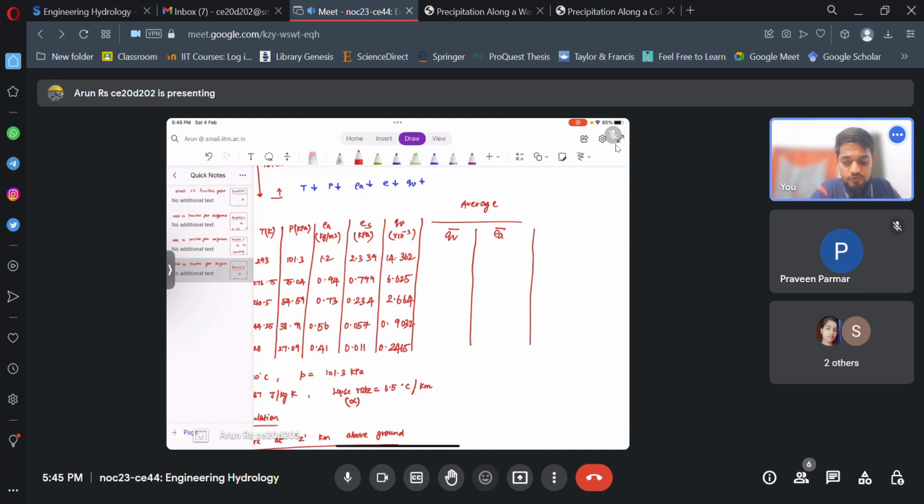So your specific humidity average will be, everything multiplied by 10 power minus 3.